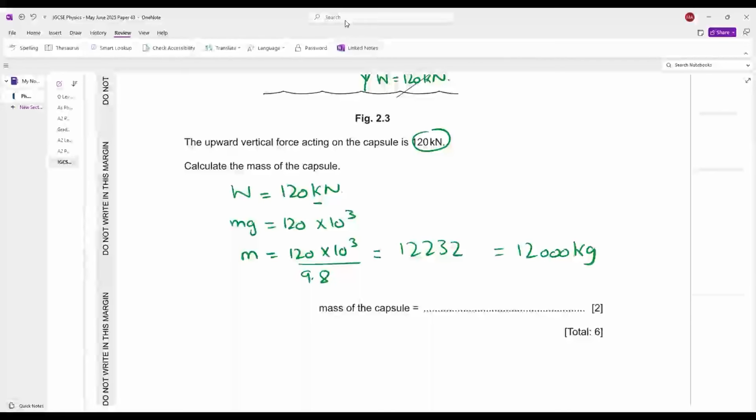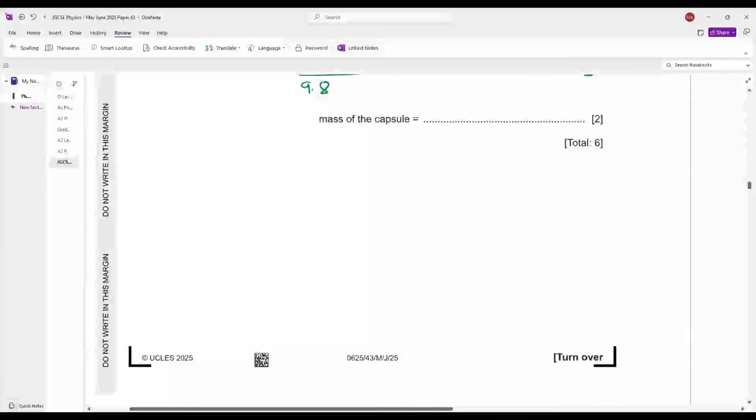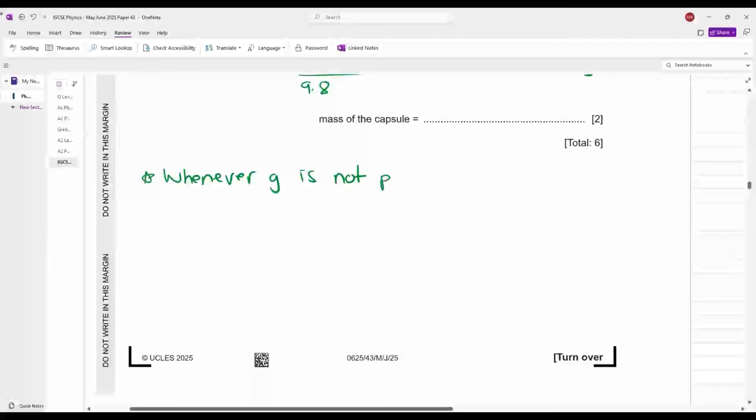Here you can write a key point. Whenever G is not provided in the question, take G is equal to 9.8 meters per second square.